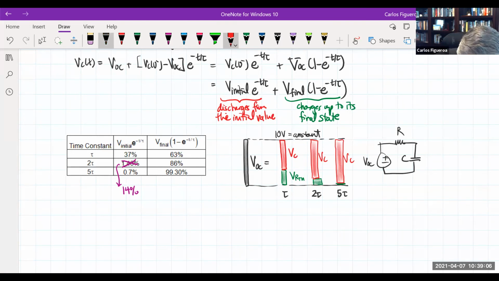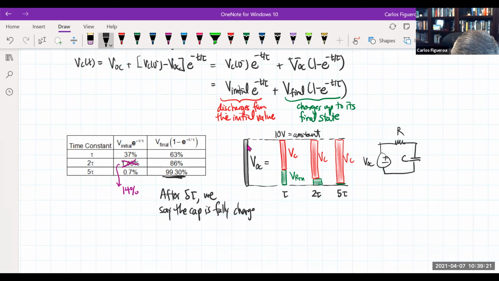So after 5 tau, we say the cap is fully charged. It's not really fully charged, but that's where we cut the thing off.